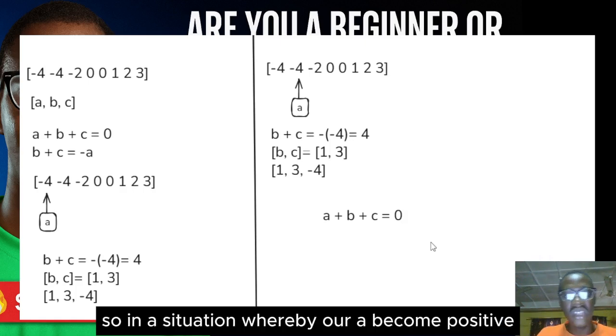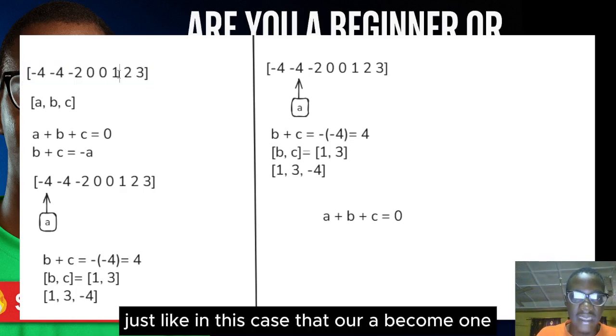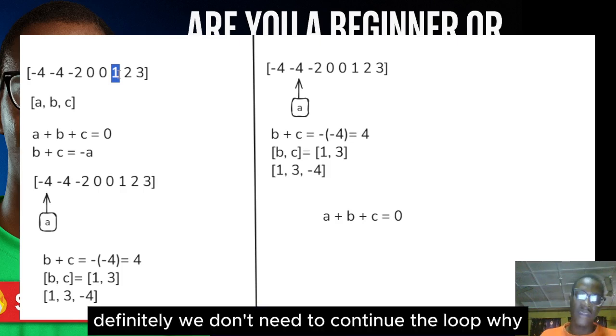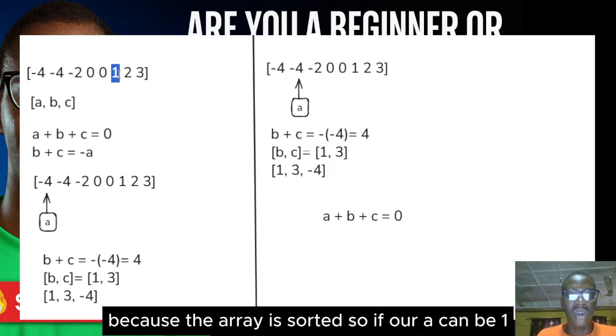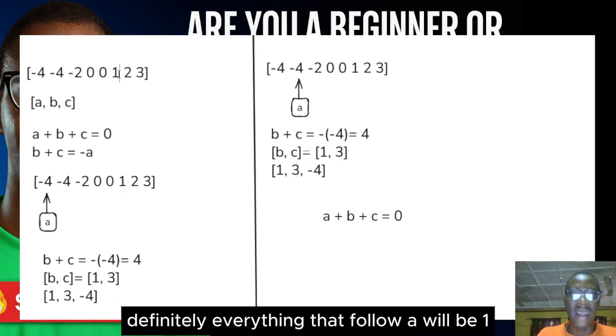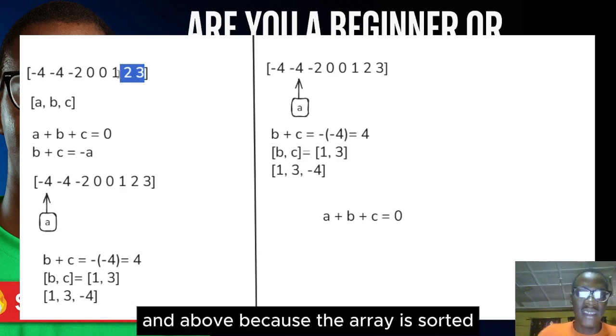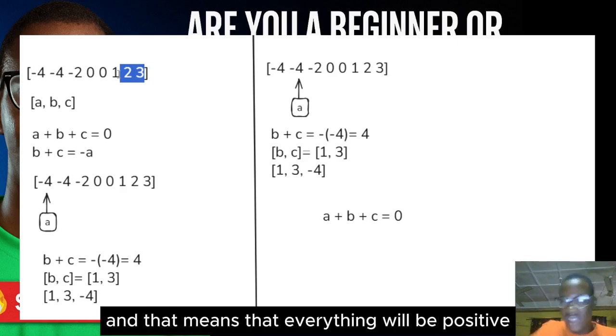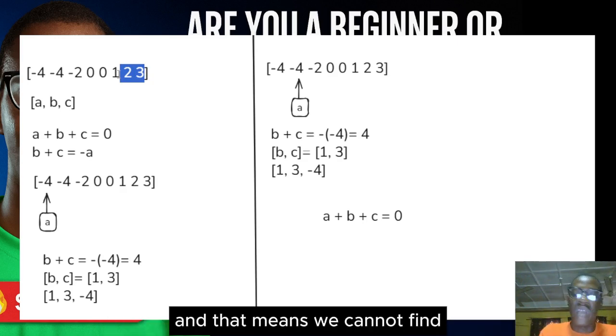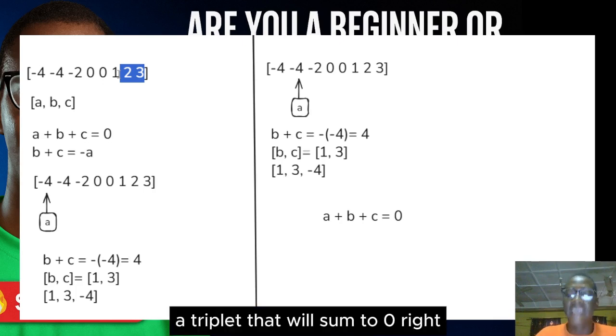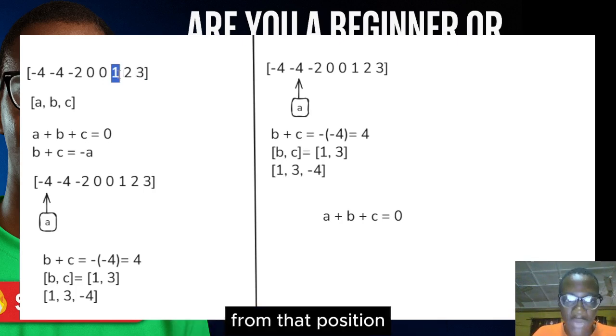So in a situation whereby our A becomes positive, just like in this case where our A becomes 1, definitely we don't need to continue the loop. Why? Because the array is sorted. If our A is 1, everything that follows A will be 1 and above, which means everything will be positive, and we cannot find a triplet that sums to 0 from that position.